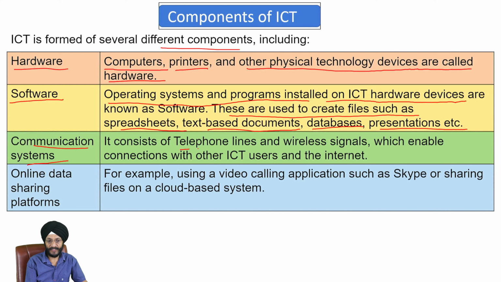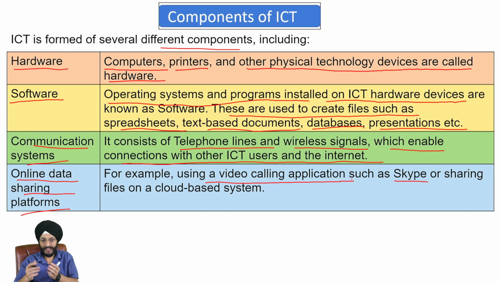Communication systems consist of telephone lines and wireless signals, which enable connections with other ICT users and the internet. One more component of ICT is online data sharing platforms. For example, we can use Skype, a video calling application, or we can share files on a cloud-based system.